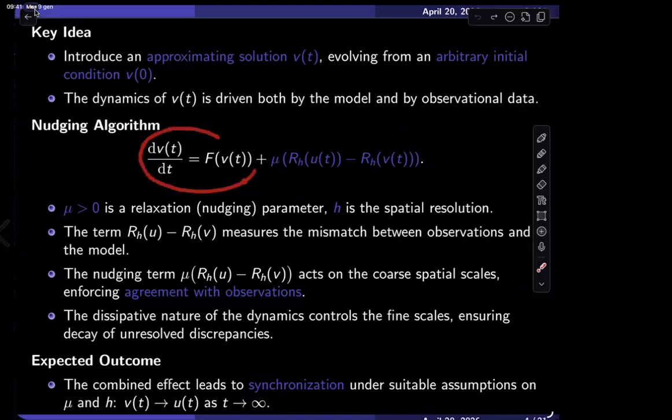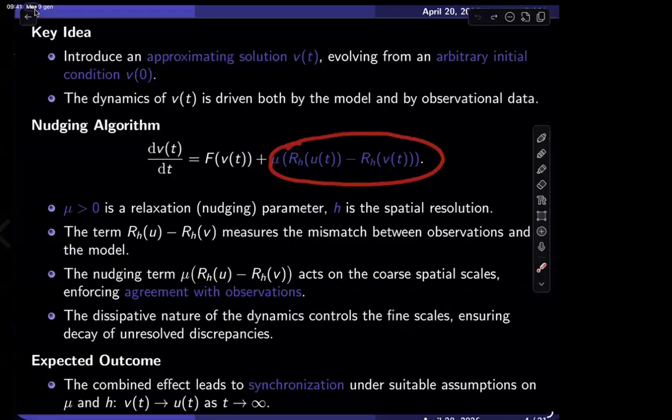You see that the evolution of v is the same as your original system. But then you also add this term here, and what is the role of this term? Basically, you see that on the spatial resolution h, you are forcing the approximation to agree with the true solution.